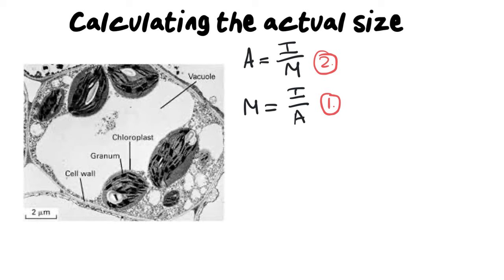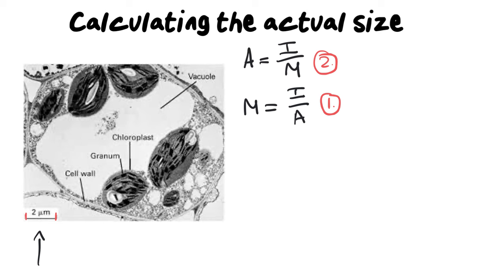And the only thing that we have been given is this scale bar right here. And that's really important, because it's going to help us calculate the magnification. So what you need to do is take your ruler and measure from this point to this point and see how many millimeters that distance represents.